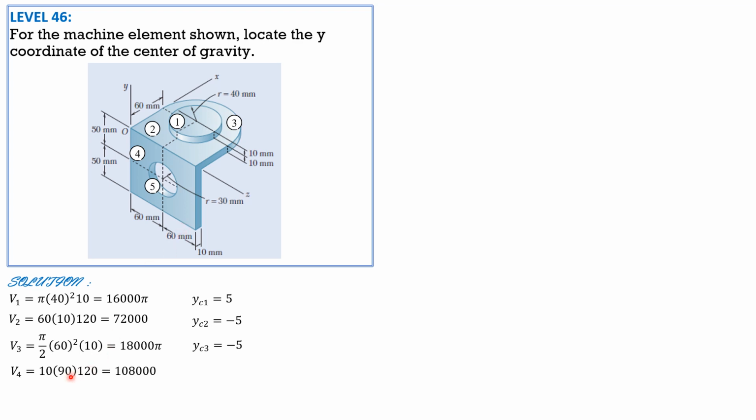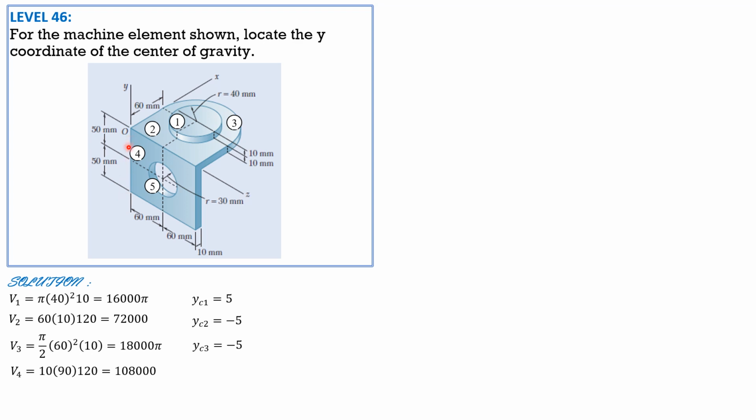Again, it's not 100 because we included the 10 mm thickness in this rectangular plate already for element 2. So what remains would be 100 minus 10, so 90 along y, then 10 along x, then of course 120 along z, so 10,800.